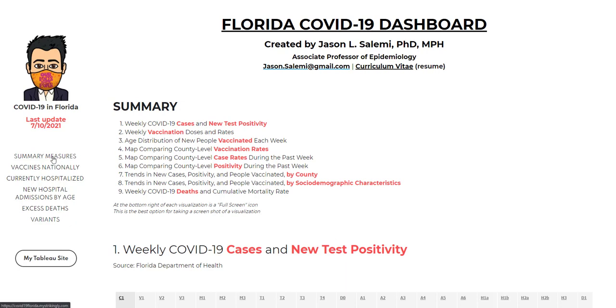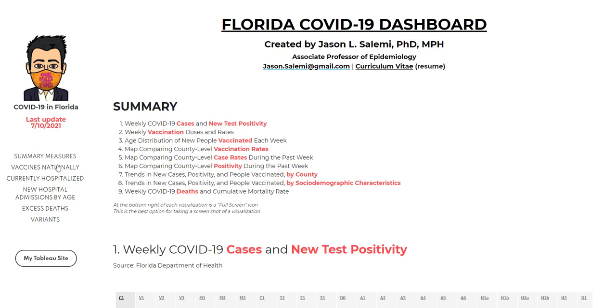Summary measures is basically all of the new information from the Florida Department of Health's weekly report. In that weekly report, they go over things like the number of cases, both new and cumulative. We talk about positivity rates, vaccination rates, as well as COVID-19 deaths. So this first page is really all about that weekly report and trying to take that information and make it a little bit more easy to understand, visualize, and interact with.